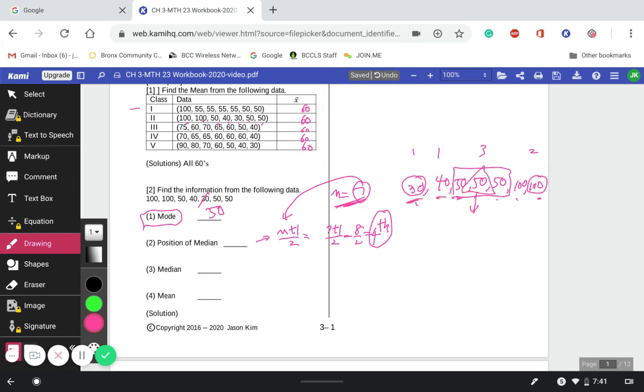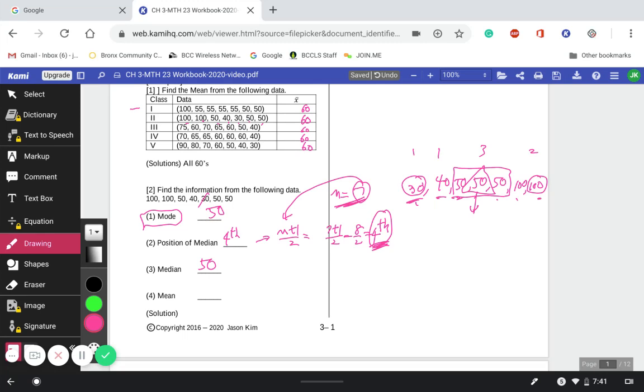So that's the position of the median. So answer is fourth position. And median value is any value at that fourth location, which is 50. Right? So answer is fourth, and median value is 50. That's the value at the fourth position.